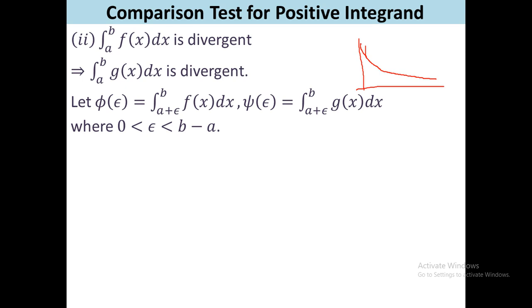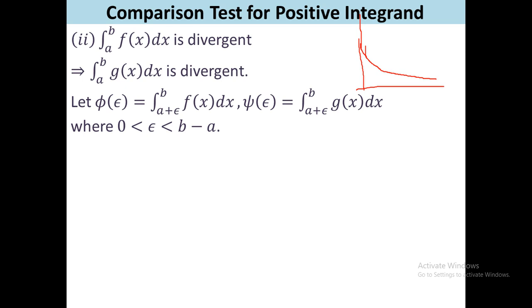Since it is a monotone decreasing function, as epsilon tends to 0 plus, the curve increases, but it cannot increase and decrease together, that is, it cannot oscillate. So it must tend to infinity, that is, it is divergent.